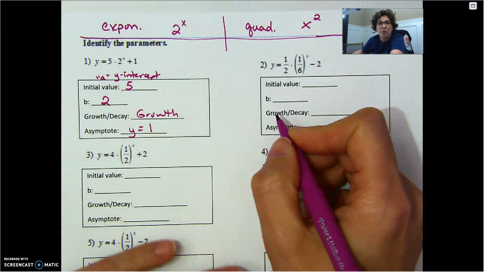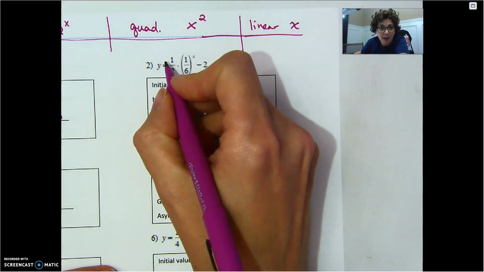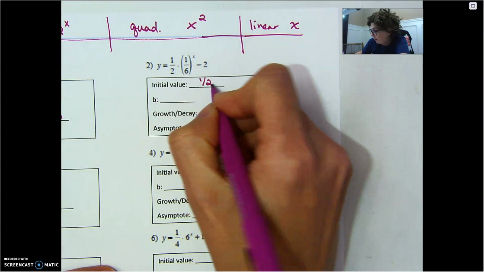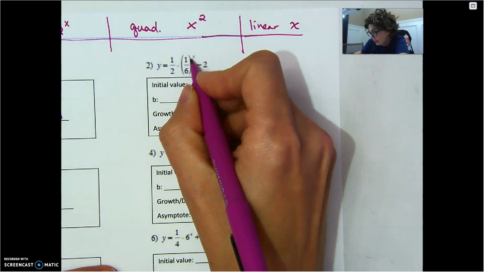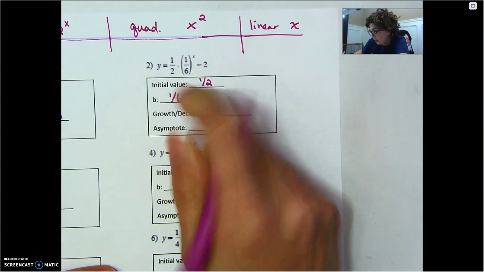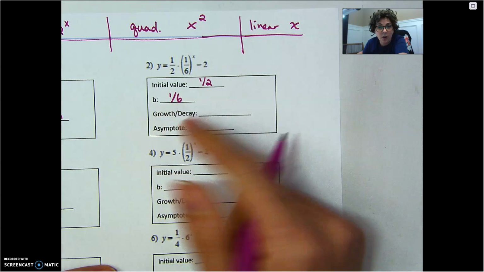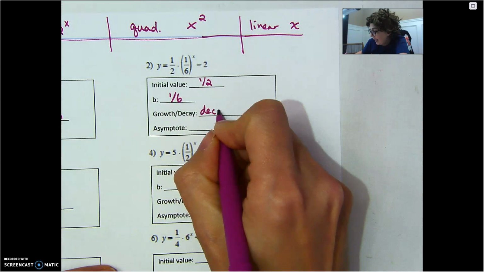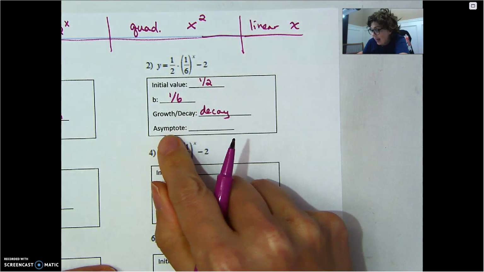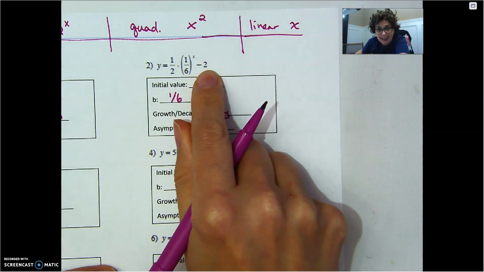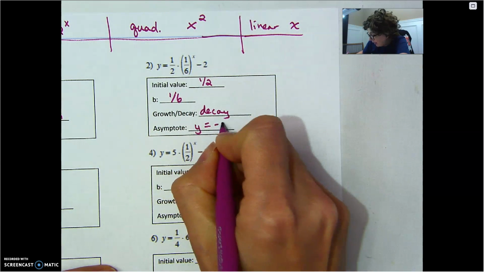Over here on number 2, the initial value starts off with a 1/2. The base with the exponent is 1/6. 1/6 is smaller than 1, which means this graph is decaying, so that would be decay. The asymptote is what's added or subtracted at the end, so that would be -2.